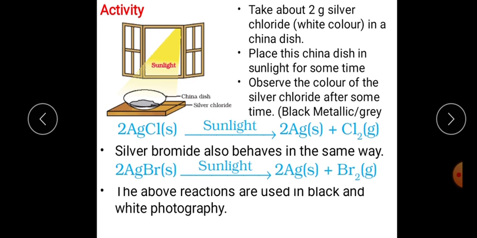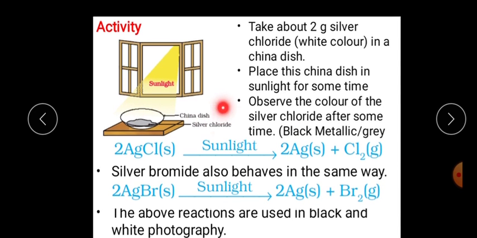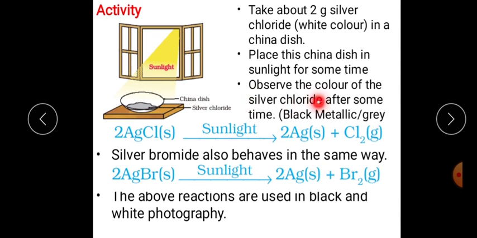Another activity is about silver chloride. Around 2 grams of silver chloride is kept in this china dish. Place this china dish in sunlight. When the sun rays fall on this silver chloride, after a certain time you will observe that it changes its color.